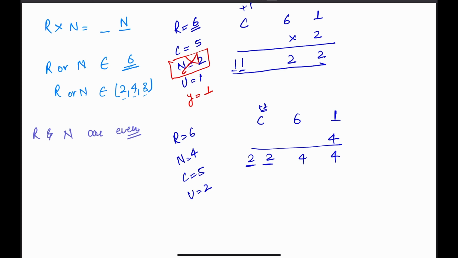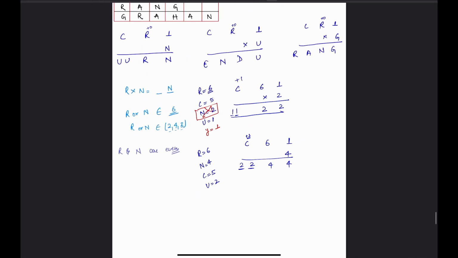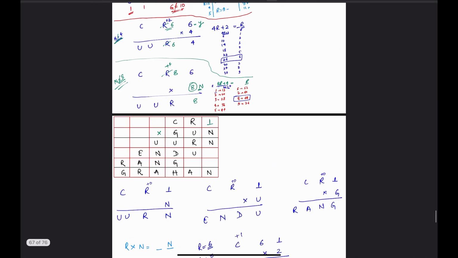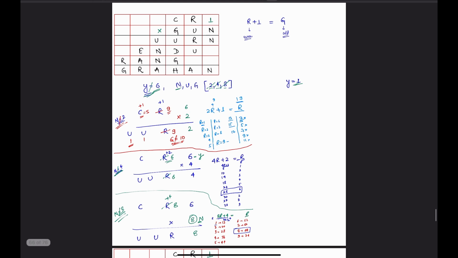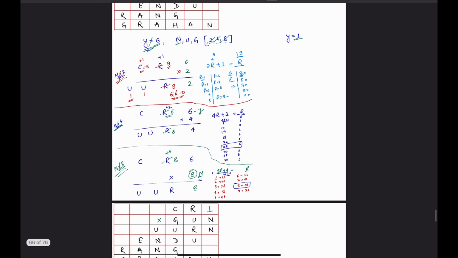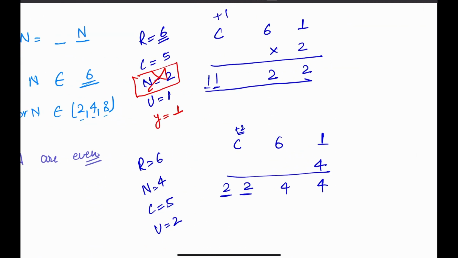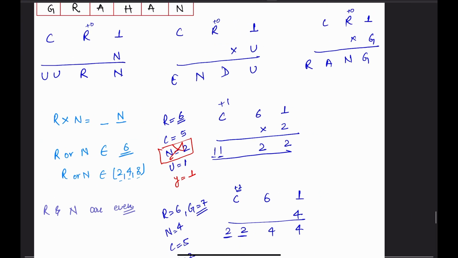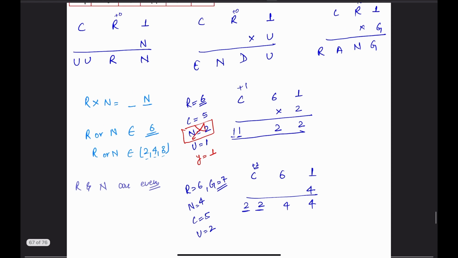Okay, right. So if my r is 6, my g will be 7. My g will be equal to 7. So let's try to use the same, this one.